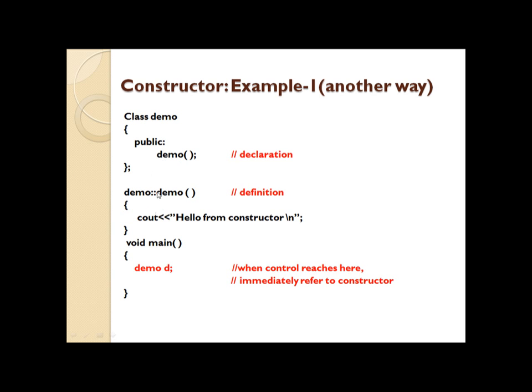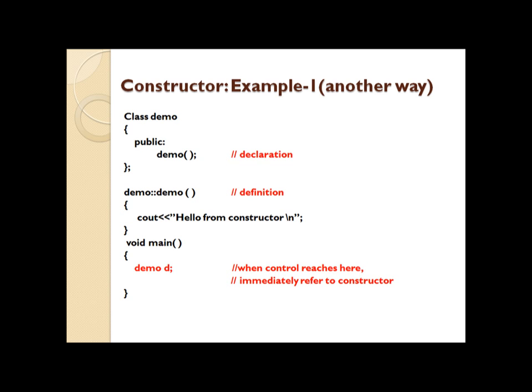Control will move from this point to the body of the constructor, that is the definition section of the constructor. After moving here, it will get the message hello from constructor. So as an output we will get the message hello from constructor.